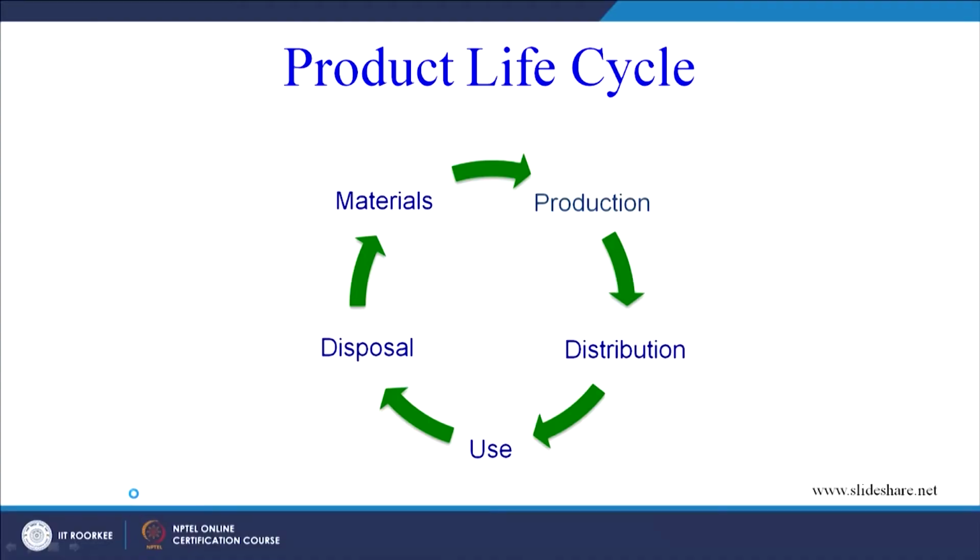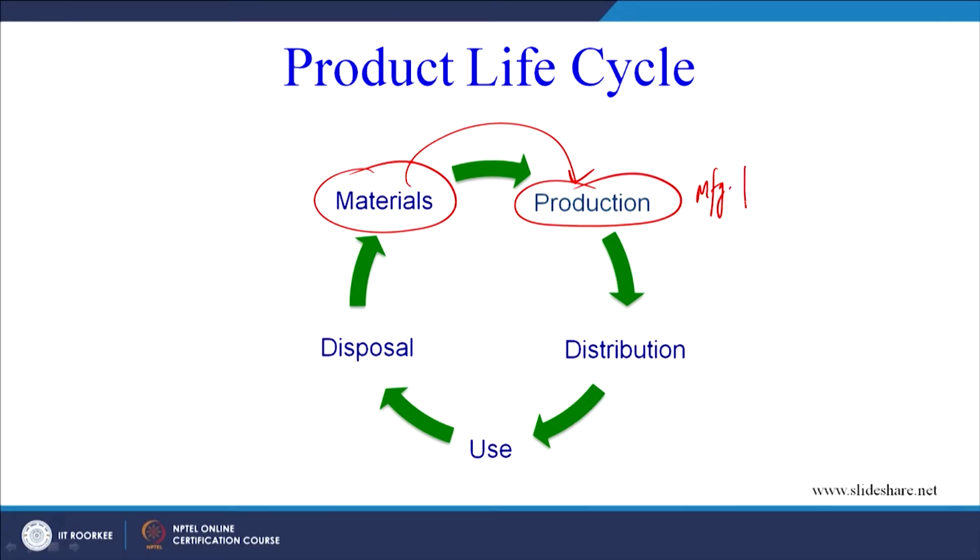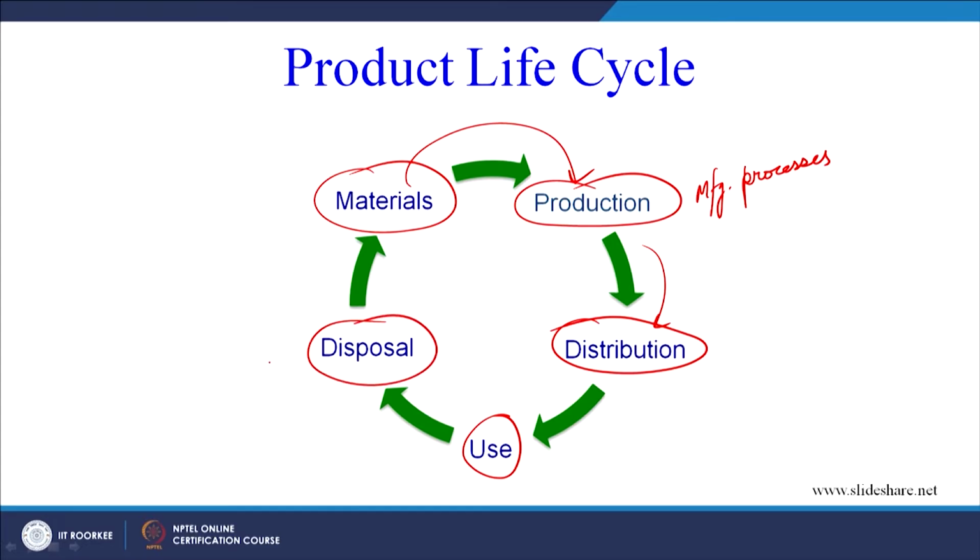Now, this is the product life cycle. I will start from materials. So, we choose the raw materials, then they go into production, which is the manufacturing processes I have already highlighted. These are the materials, then they go into distribution, the product goes to the customer, then it is used by the customer, and finally it has to be disposed of.